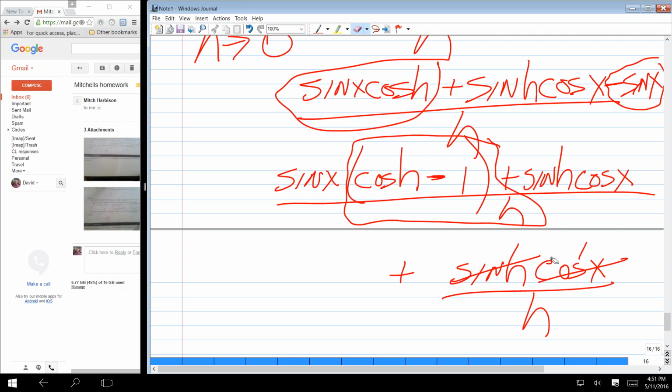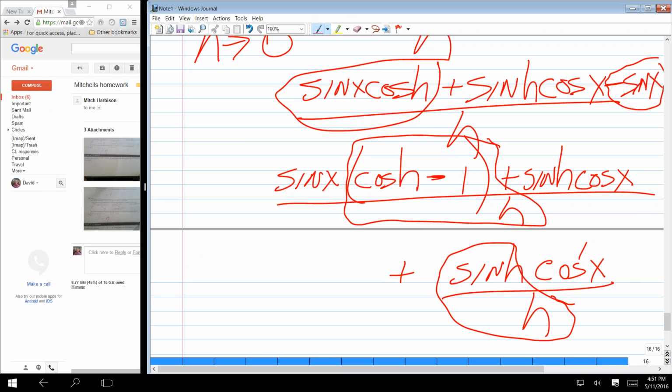I figured it out. This is the first time I ever worked through this problem like this. It's kind of interesting. I know what that is, right? As h goes to 0, that's 1, which means the limit is cosine x. That's how the derivative of sine comes to be cosine.